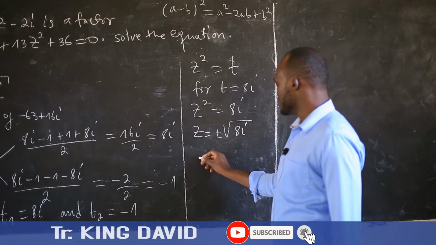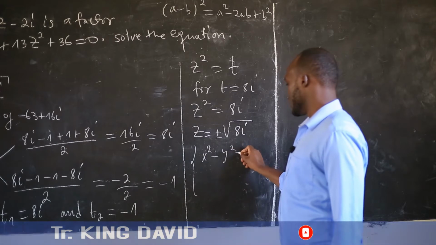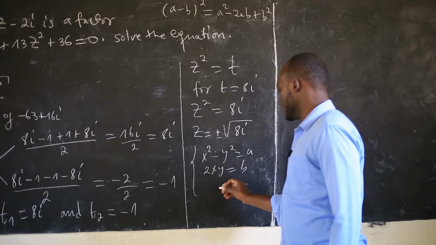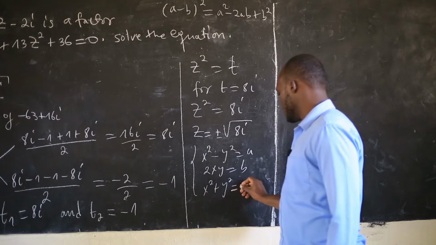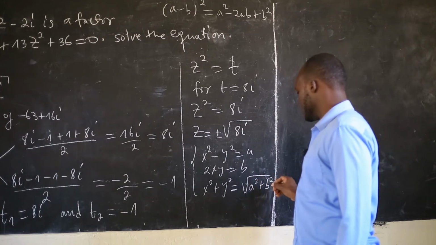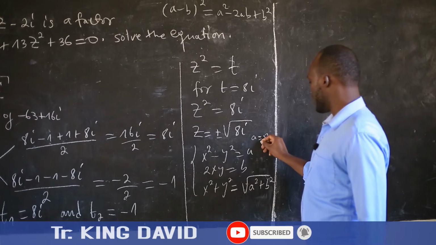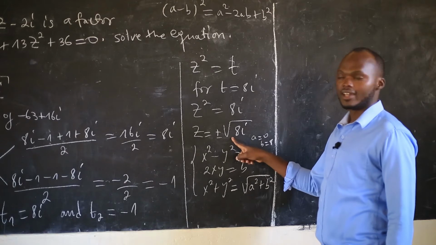So what we do, we use those three equations: x squared minus y squared equal to a, 2xy equal to b, x squared plus y squared equal to root a squared plus b squared. So here our a is 0, our b is 8, because you have 0 plus 8i.